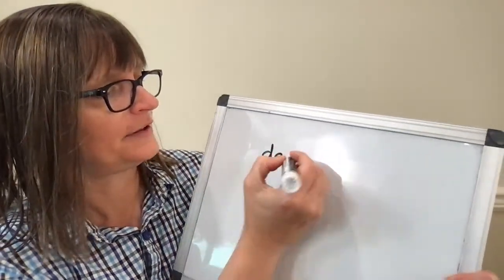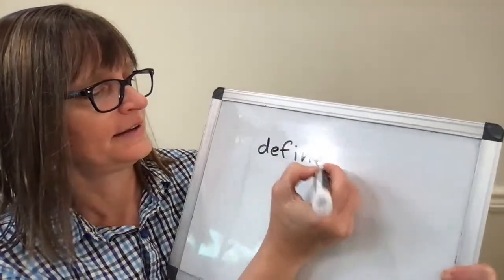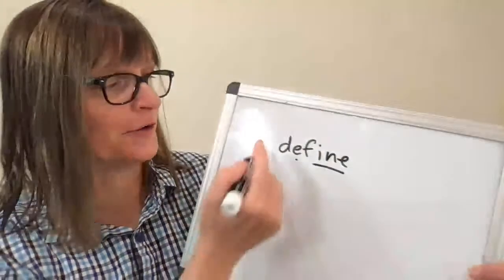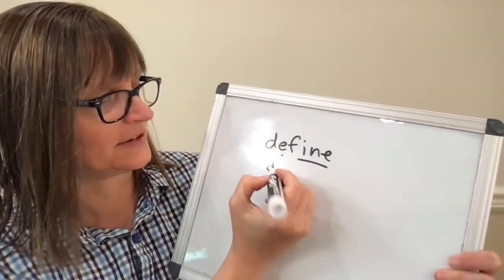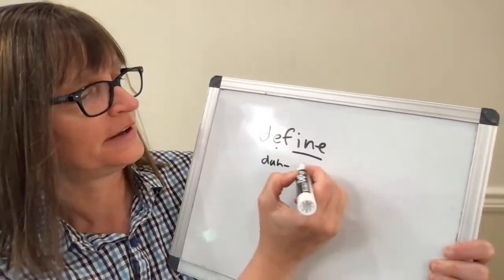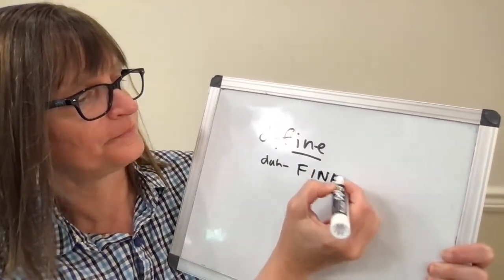If I'm saying define, that's just like my word return, where the DE says a schwa or an I sound. Excuse me. So more like duh, and then the word fine.